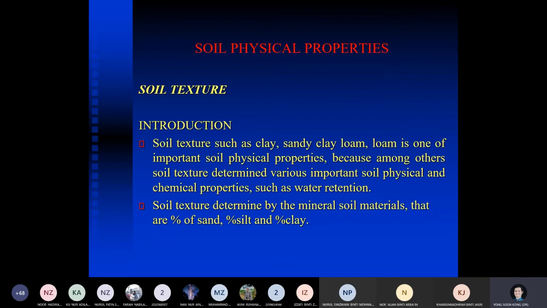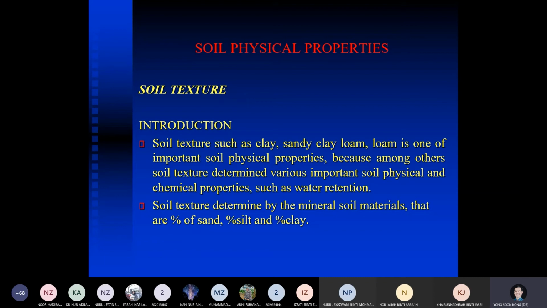So, soil texture can be divided into several classes. There are many, not sure how many, but I'll show you the triangle later. In that triangle, you can see different kinds of texture ranging from clay, sand, or silt. In fact, these are the three components that form different textures in the soil.